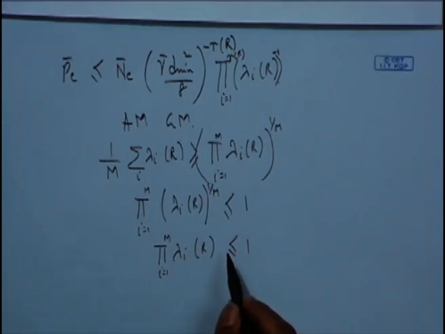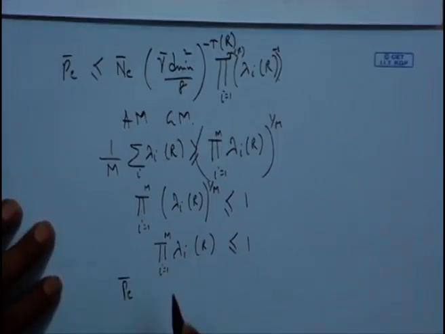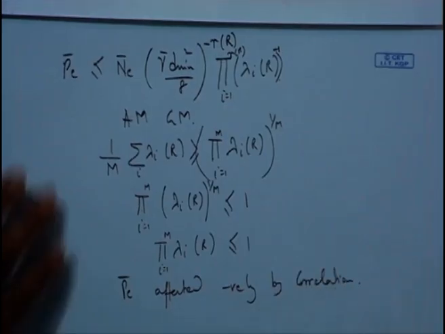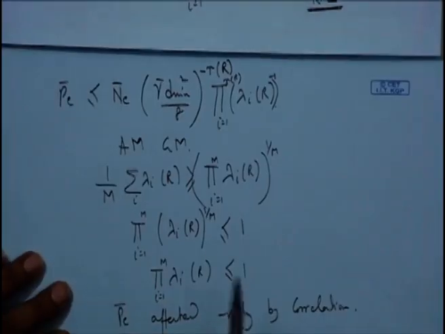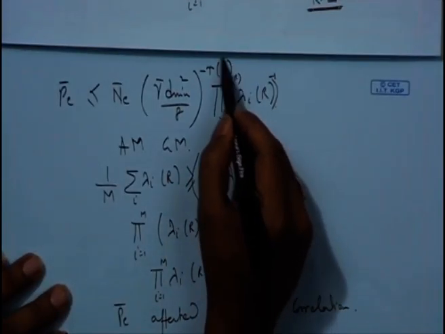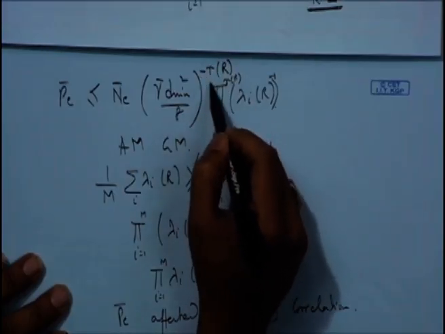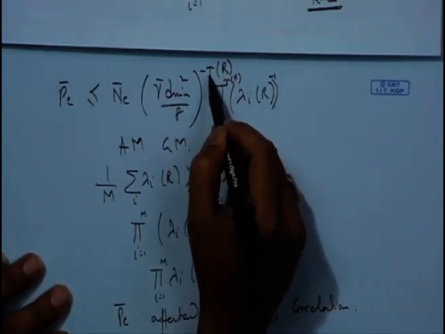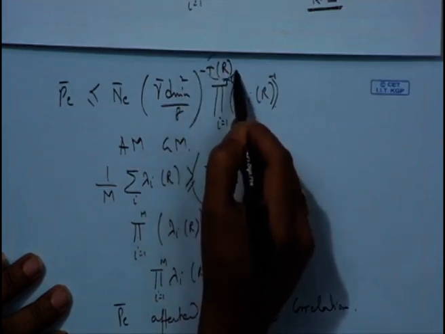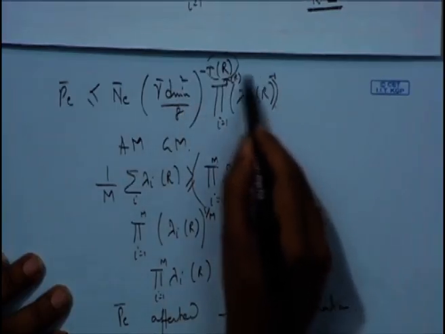So from this, what we can also gather is that the error probability Pe bar is affected negatively by correlation. You get a double effect: error probability increases because this product is less than or equal to 1, and secondly this is raised to the power of rank of R. So if rank is less than MTMR, then this exponent is also less, as well as this term adds to it.